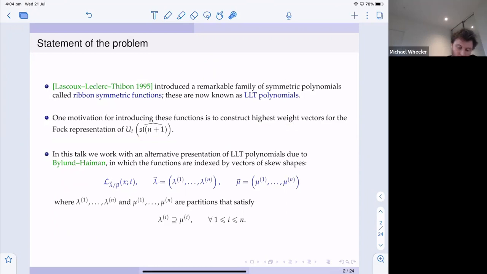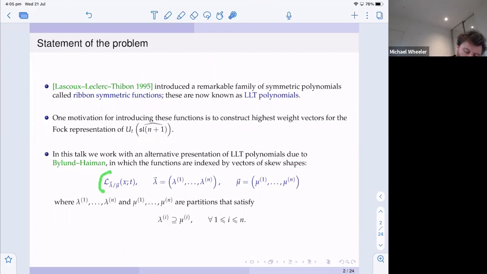Okay, so this was actually something that LLT already spoke about in their original paper, but the presentation that they gave there for the LLT polynomials is not the one that I'm going to talk about. Indeed, I'm going to talk about the Bylund-Haiman version of LLT polynomials, where you have a polynomial which is indexed by vectors of skew shapes. So I'm going to have n-tuples of skew shapes that will index my object.